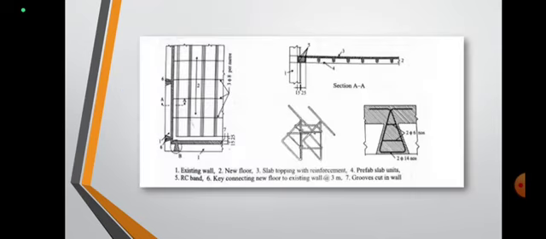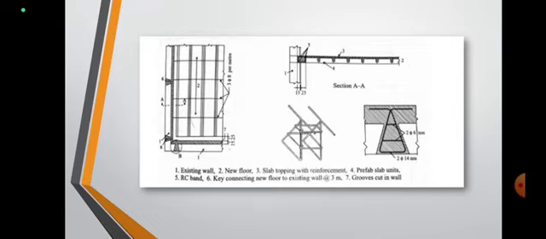You can see in the figure: existing wall, new floor slab topping with reinforcement, then prefab slab units, RC band, then key connection, new floor to existing wall about 3 meter, then grooves cut in wall. In the figure you can see the numbers, and the numbers are elaborated below the figure.